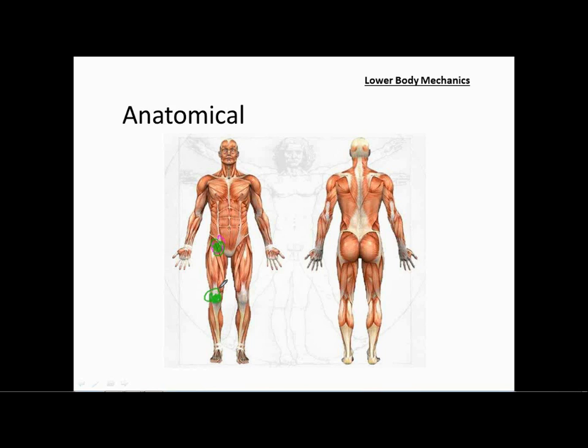It's key even when it's not dynamic, even when it's isometric in nature, you're still applying force into the ground. I'm going to show you in a second on some of the slides, but if you look at, say, a vertical leap, there's a lot of knee movement, a lot of hip movement, a lot of dynamics, and you'll say, okay, it makes sense.